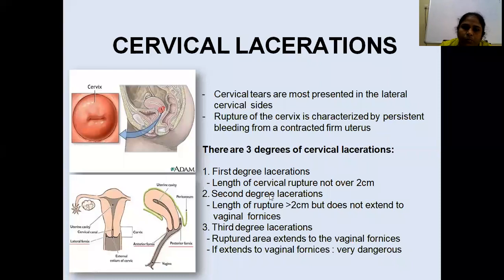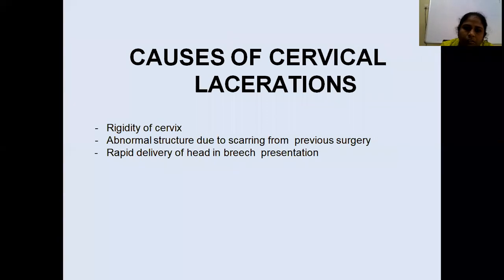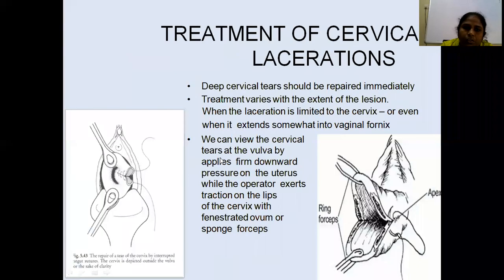It is diagnosed by persistent bleeding, almost like a tap opened, and there will be severe bleeding from the vagina. Causes of cervical lacerations are rigidity of the cervix, abnormal strictures due to scarring from previous surgeries, and rapid delivery of the head in breech presentations.